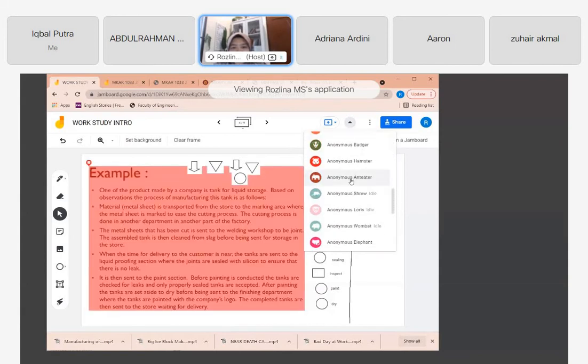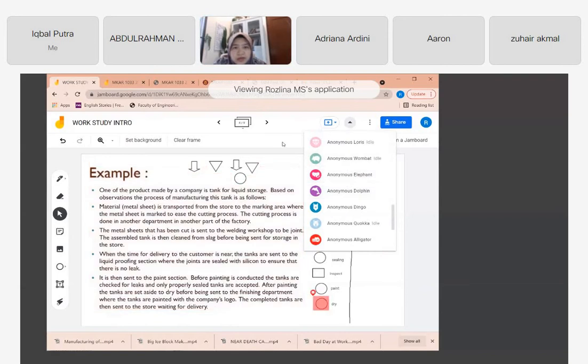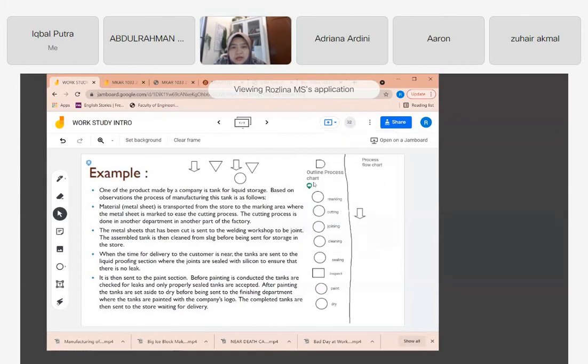Sheep? This is wombat. Wombat? Who is wombat? Who is now actively using this Jamboard? One is the green one here.